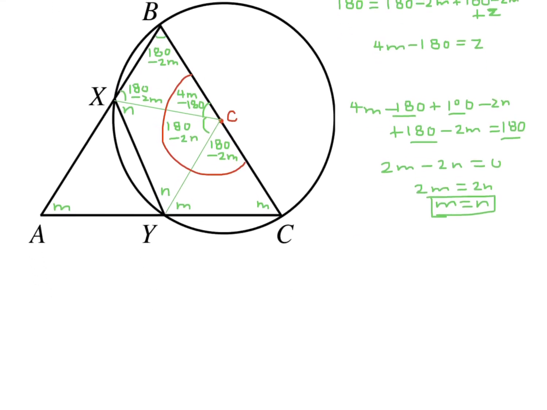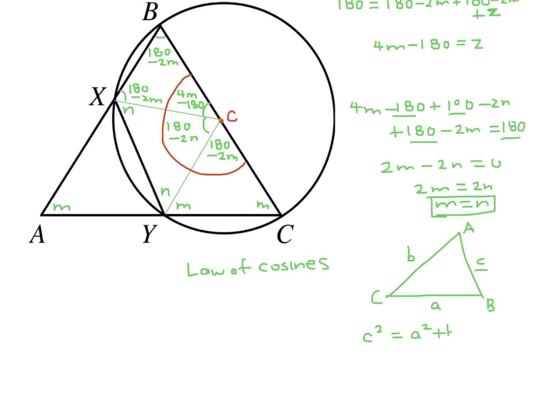Now we can move forward with something called the Law of Cosines. And the Law of Cosines, just in case you're not familiar with it, if you have a triangle, let's say ABC, like that, and these side lengths are C, A, and B, C squared, this C, is equal to A squared plus B squared.